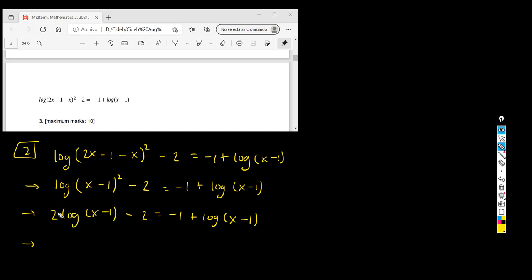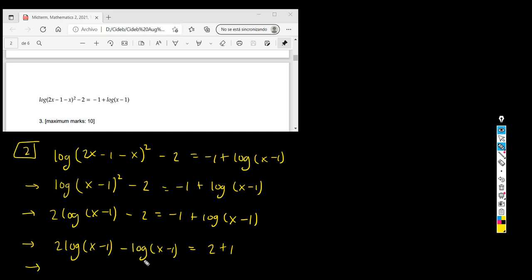This term has a variable. We may call it a variable term. This is a constant term. I'm gonna collect all my variable terms on one side. So I'm gonna leave this one in here, and I'm going to subtract this one from both sides, right? And I'm gonna bring this minus 2 to the other side as adding, like such.